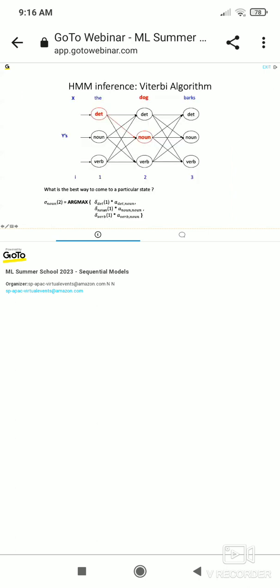So in this expression, these 2 terms will become 0, and the argmax of the previous term in the backtracking variable will go to determiner, since the observation probabilities of these 2 terms are 0.